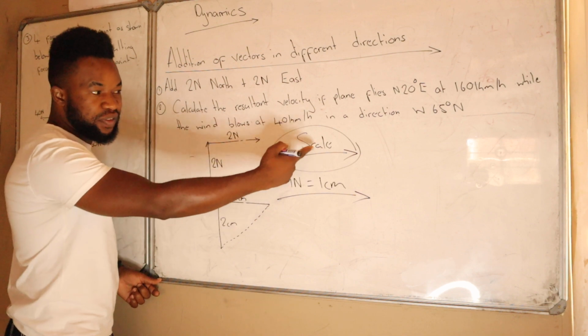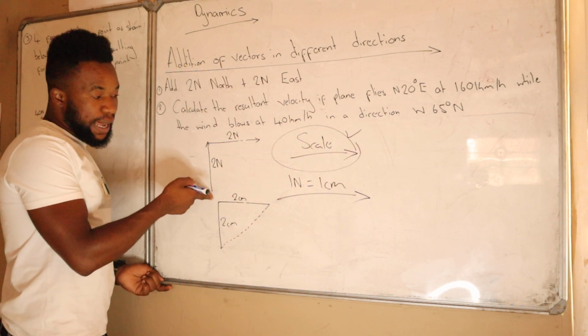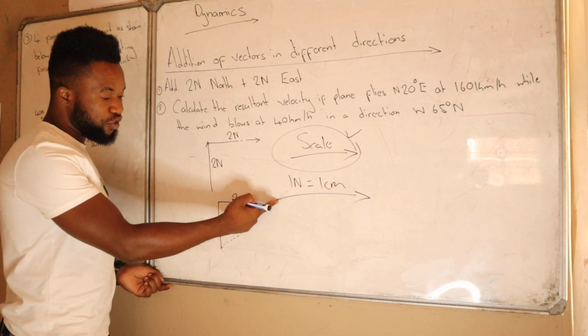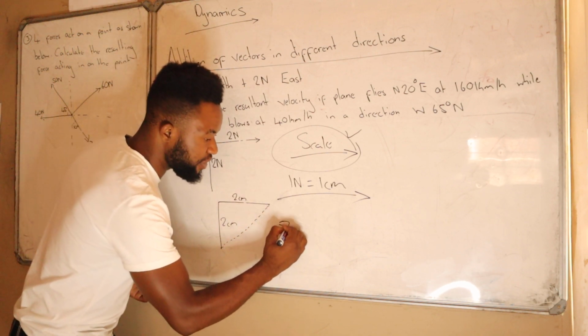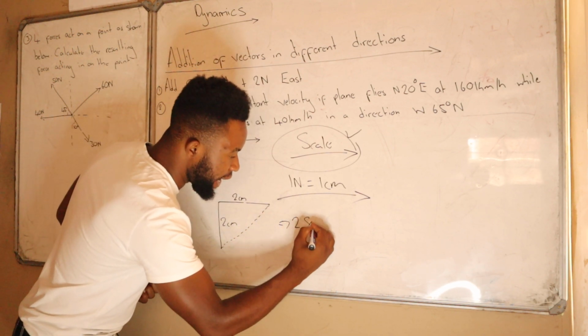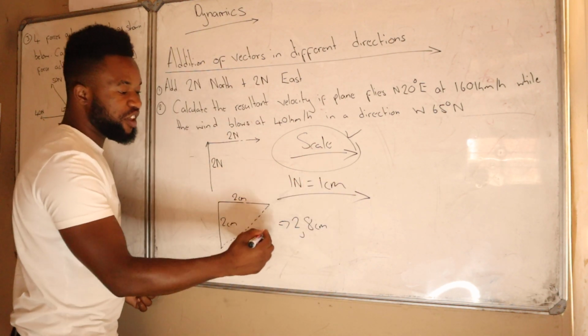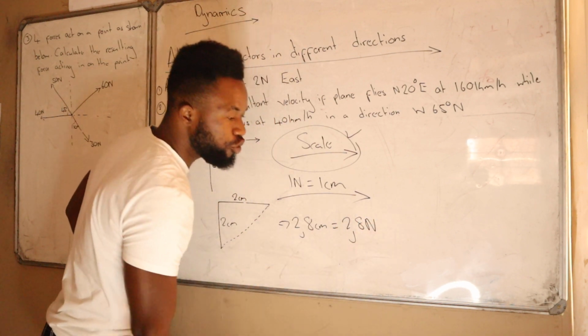So you grab your ruler and measure this line. The first thing that you need is a scale. You draw your line going to the north, which is 2 centimeters, you draw your line going to the east, which is 2 centimeters, and then your resultant, if you measure here, you are going to get 2.8 centimeters. Remember, we said 1 Newton is equal to 1 centimeter, so this will be equal to 2.8 Newtons.